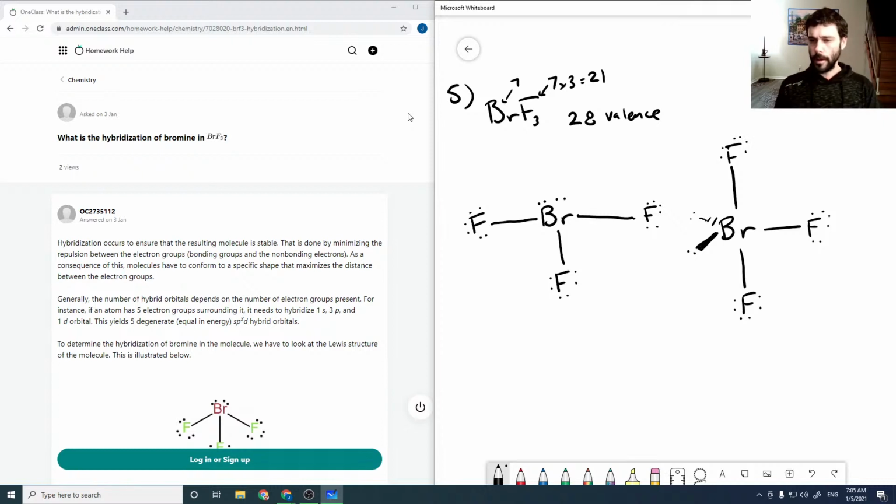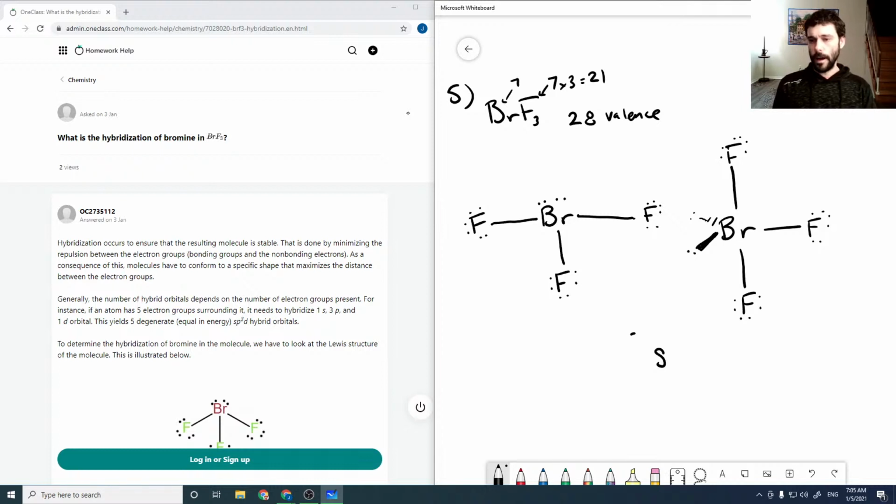Now for counting up hybridization, we need to look at how many things are bonded to the bromine, and in this case we count the lone pairs. So for hybridization, you count the lone pairs. That would be 1, 2, 3, 4, 5.